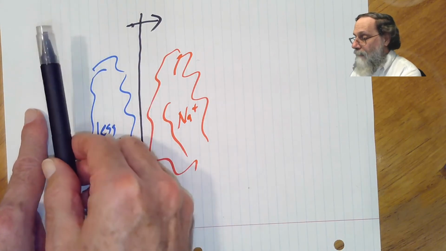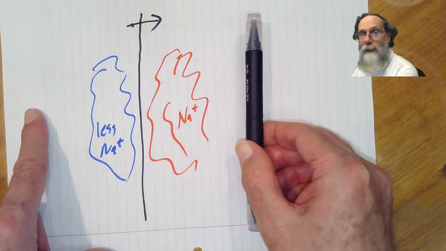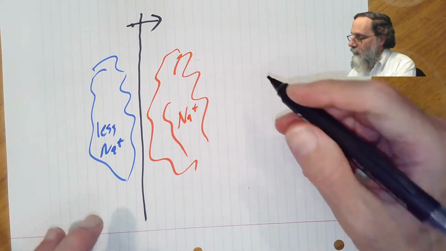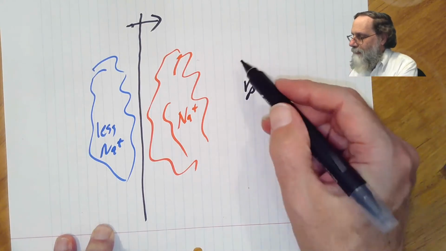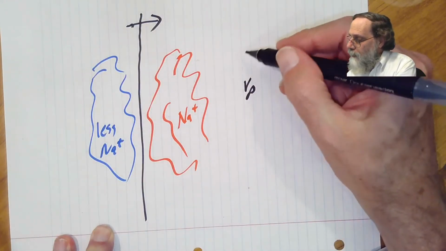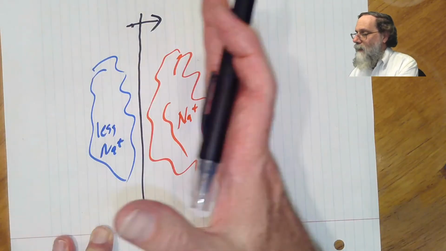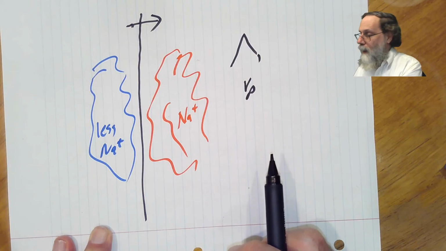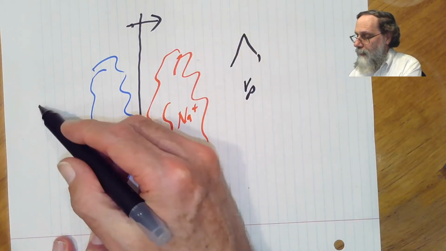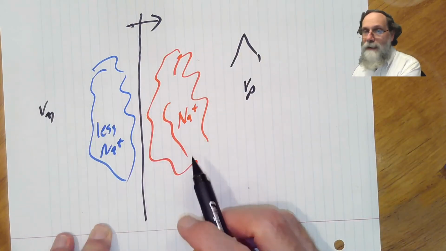So if this is our VP electrode out here, and the wave is moving towards it, we will see a positive voltage as the wavefront moves, assuming that the negative electrode is out here somewhere.